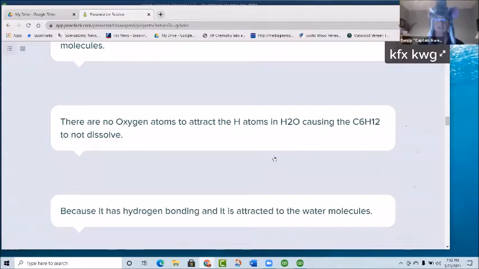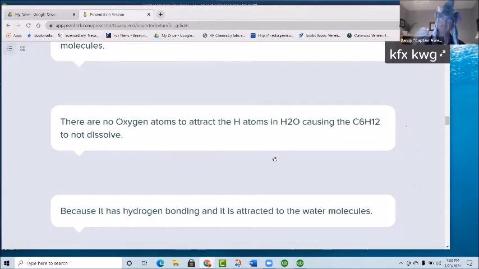So I want y'all to listen to this answer and see how we can make it better. There are no oxygen atoms to attract the H atoms in water, causing the C6H12 to not dissolve. Even if I thought the student was maybe on the right track, I couldn't give them the point because who doesn't have any oxygen atoms? So try to phrase your answers in complete thoughts.